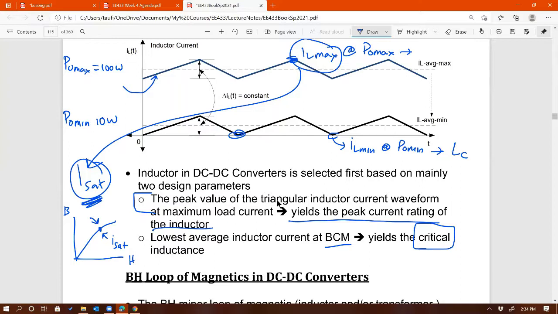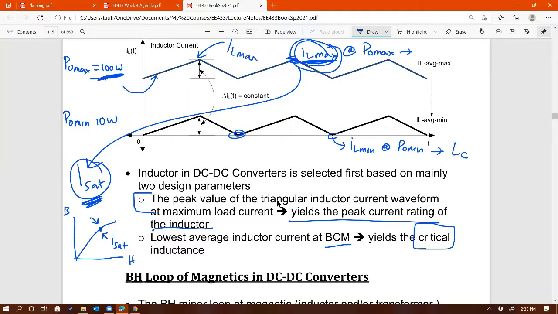So for a DC to DC converter, that ISAT is defined to be higher than IL max. At the very worst condition, meaning maximum output power of the DC to DC converter, what is the maximum inductor current? Well, that's IL max right there. At 100 watts, for example, what is the maximum current through that inductor? Well, that's this IL max right there.